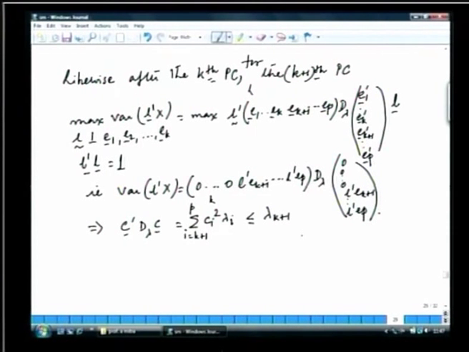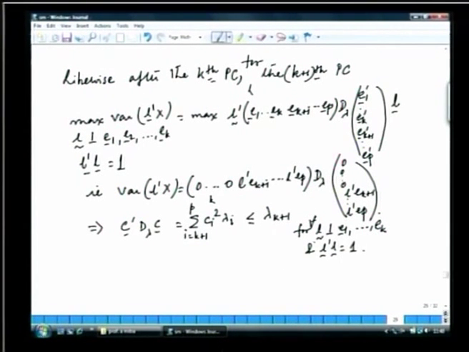Now, note that while writing this, we are considering the fact that L is orthogonal to E1 to Ek, as well as L transpose L is equal to 1.